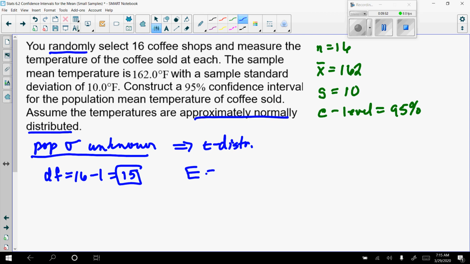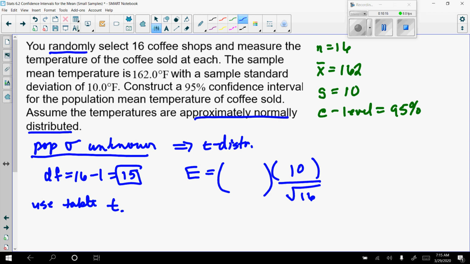Our margin of error is going to be our critical value t sub c times the standard deviation of the sample divided by the square root of our size, which is 16. We have to use a table to find our critical value using 15 degrees of freedom and 95% confidence level.